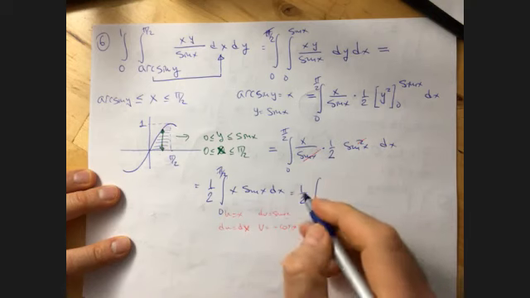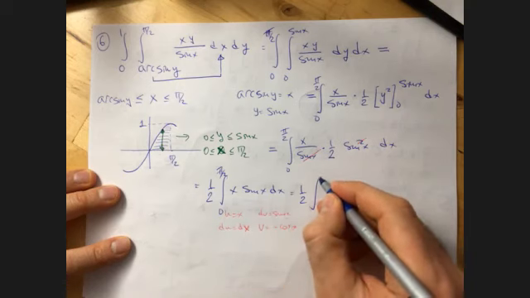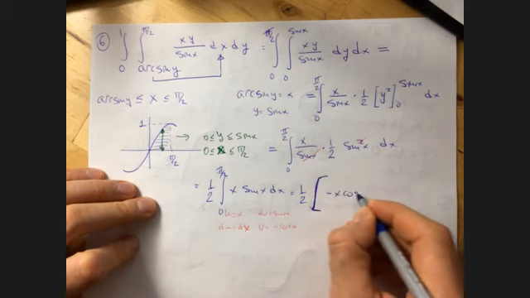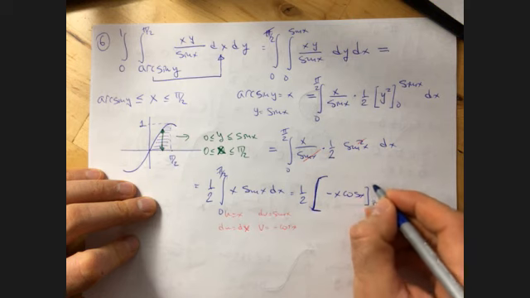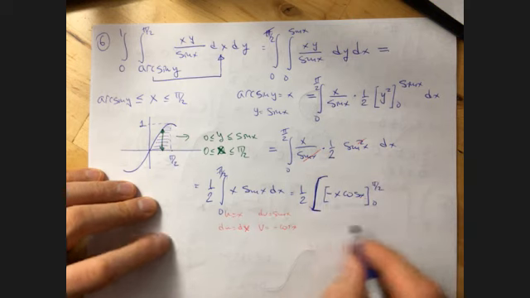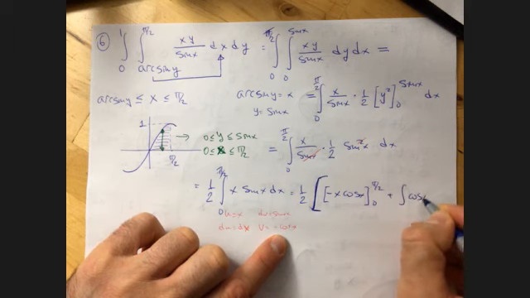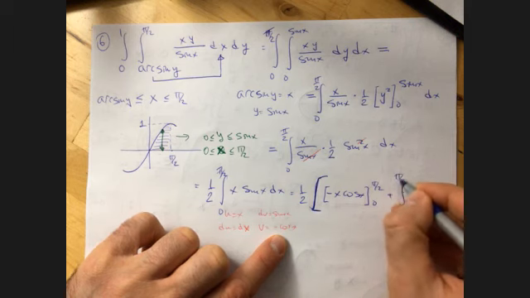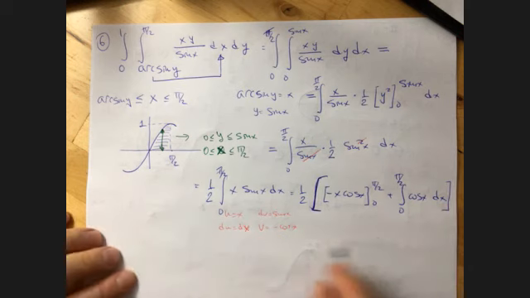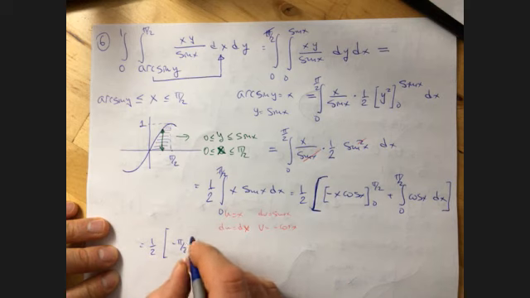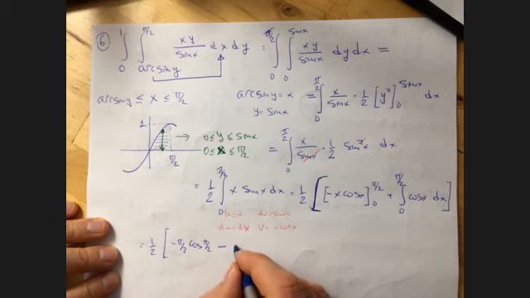So integration by parts gives us negative x cosine of x evaluated from 0 to pi over 2 minus the integral of negative cosine of x, so that's plus the integral of cosine of x dx from 0 to pi over 2. That's 1/2 times negative pi over 2 times cosine of pi over 2, which is 0, minus 0 times cosine of 0.